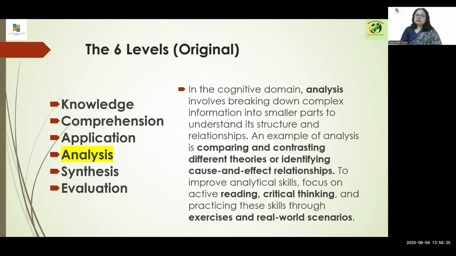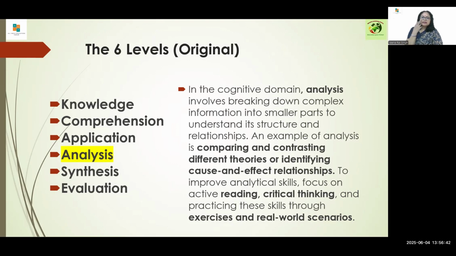Talking about analysis, it means that a complex problem or information is broken down into smaller parts for better understanding.